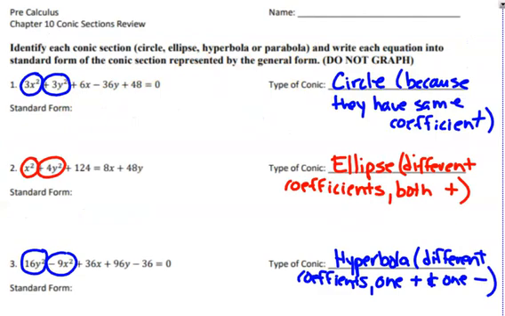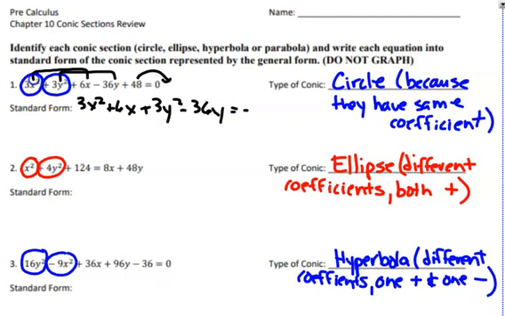Okay, so putting a circle into standard form. With all of these, we start by grouping our x's and our y's, and we'll put that 48 on the other side.